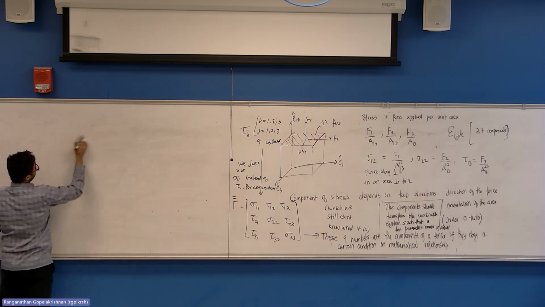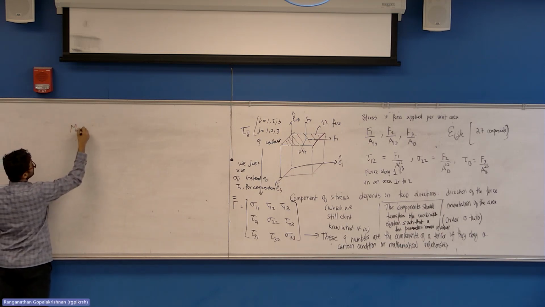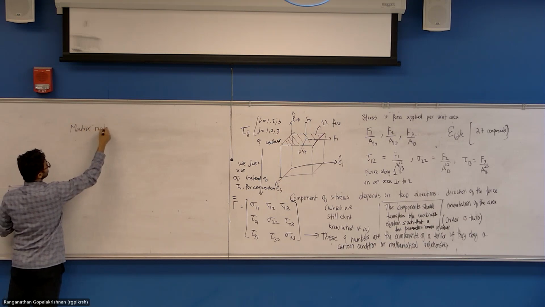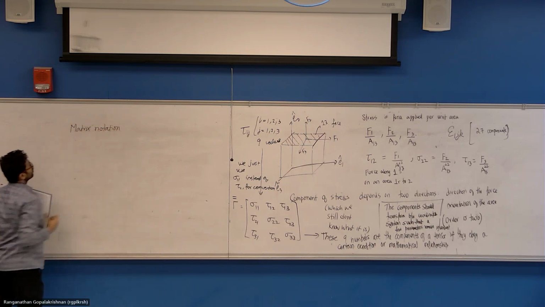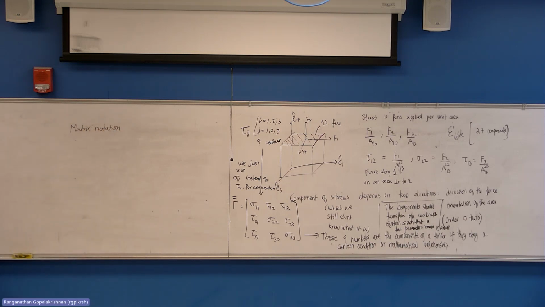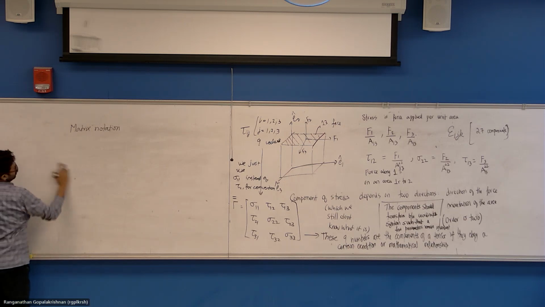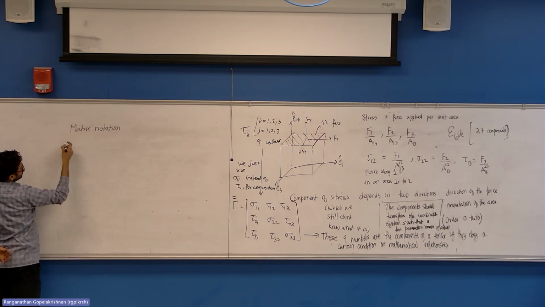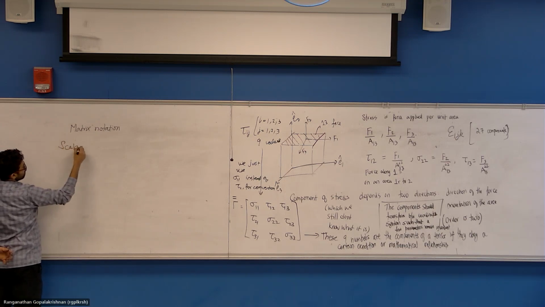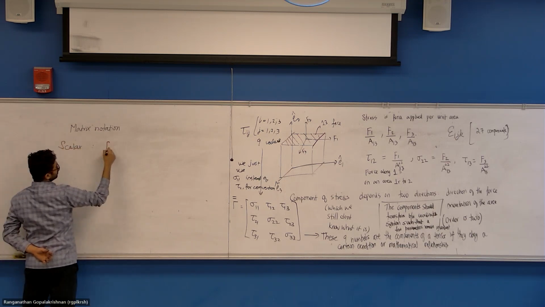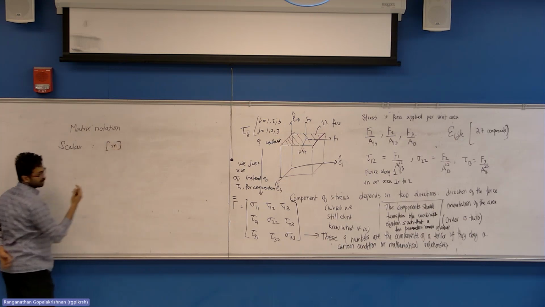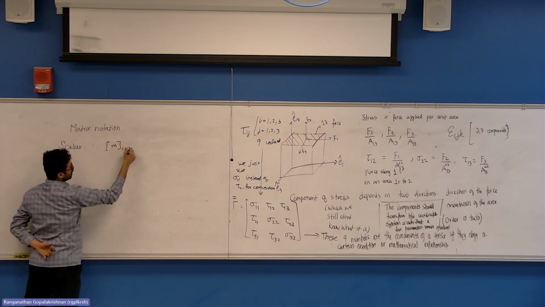So we will extensively use matrix notation. Suppose we want to write a scalar, we just write M. It's basically a 1 by 1 matrix.